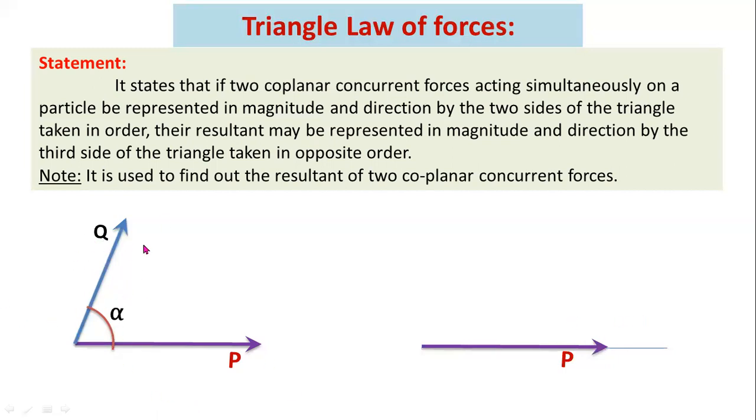You have to move this force from this corner to this corner like this. Here you can observe the angle between force Q and the horizontal plane is alpha, the same angle.